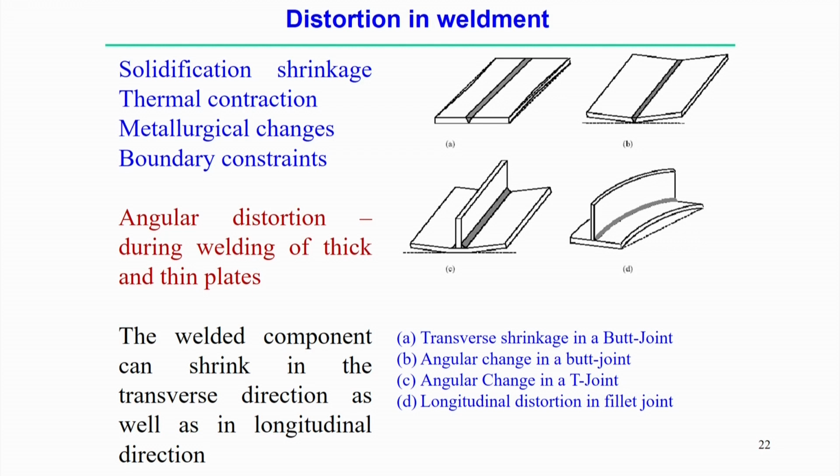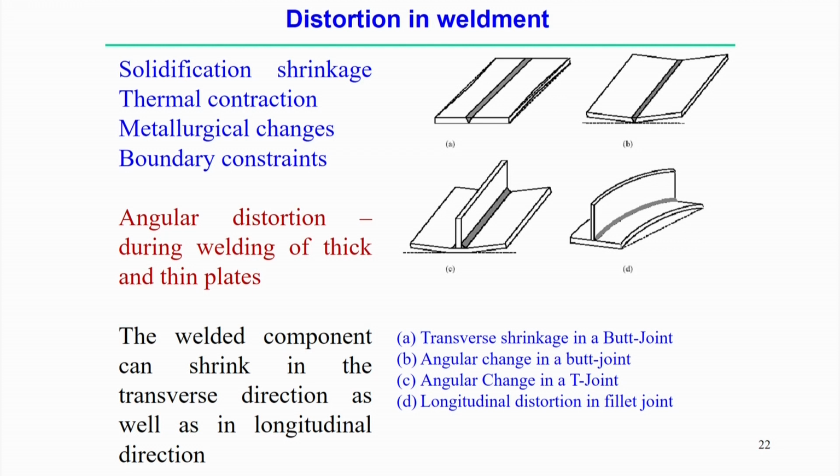Simply assuming that along the longitudinal direction the plate is very straight and there is only angular distortion, we can measure it. Or angular change in a T joint may also happen in the welded structure, and in the longitudinal direction in a fillet joint it also bends, or buckling may happen, corresponding to a convex kind of structure.